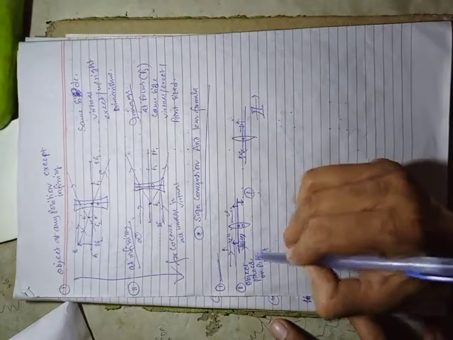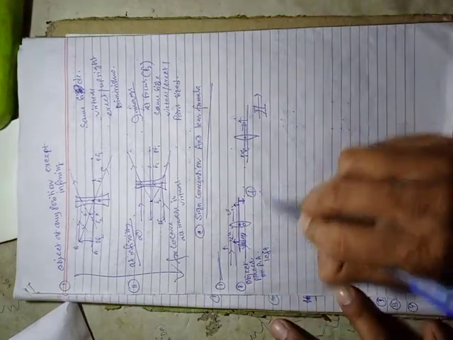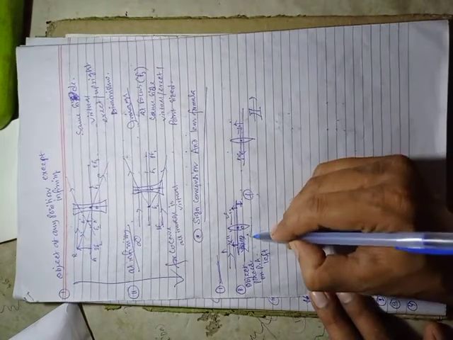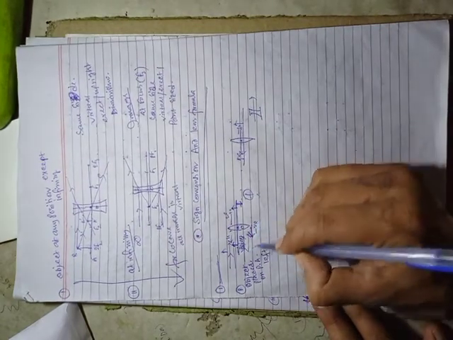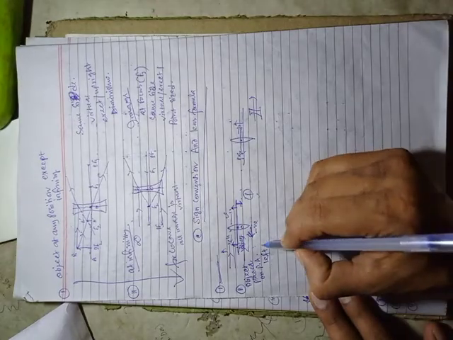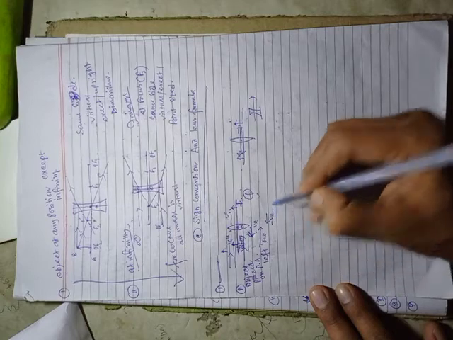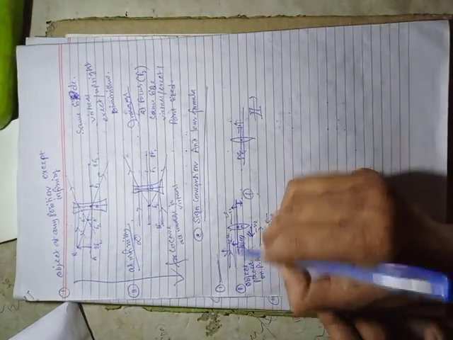So light is incident from the left side, so in that direction we consider positive, and if we come back towards the left, that is negative. Just think about the arrow, positive, negative.